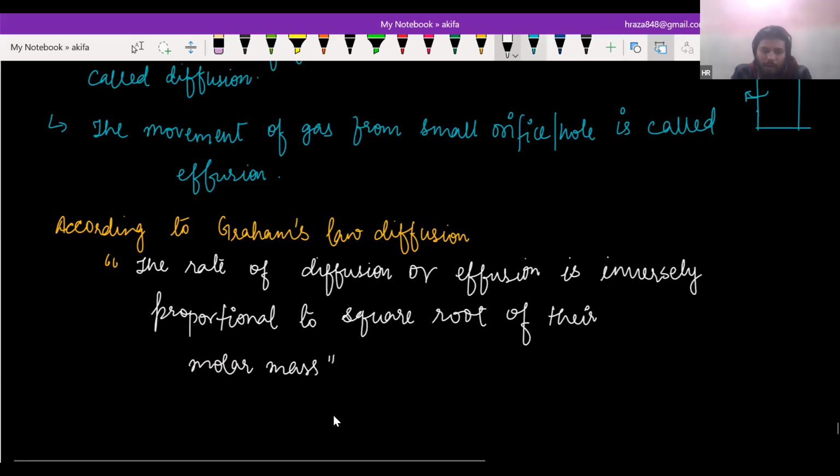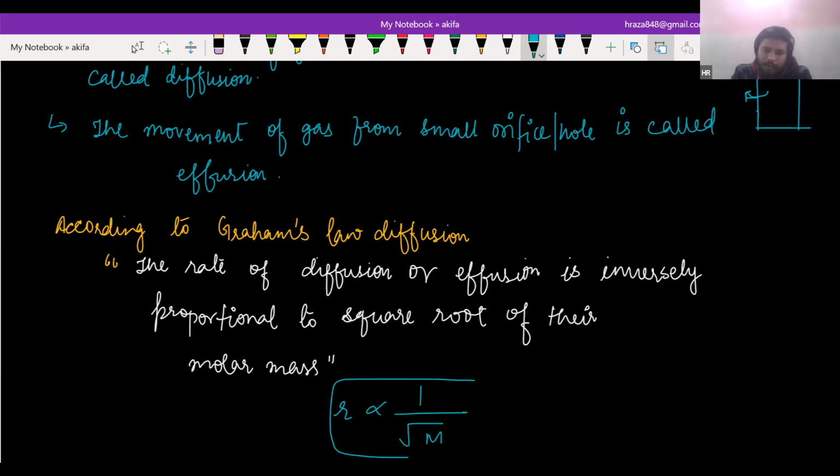So according to Graham's law of diffusion, rate is inversely proportional to the square root of molar mass.